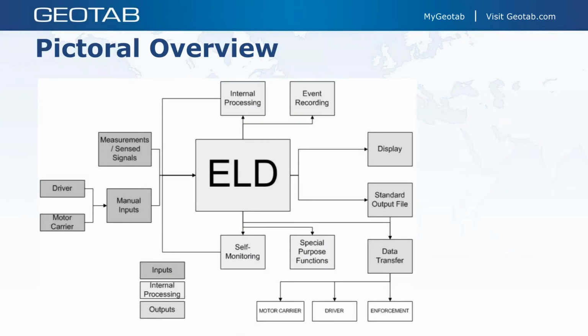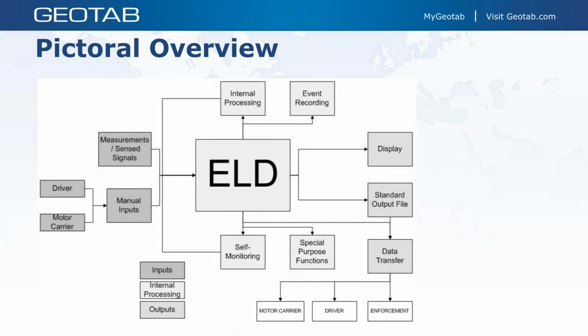Here's a little pictorial overview of what an ELD is and what are the inputs and outputs. On the left side, you'll see the driver and motor carrier are manual inputs going into the ELD. There's also measurements and sensed signals, and I'll get into that in a little bit, that are required for the ELD to monitor its compliance. On the output side, there's self-monitoring, internal processing, event recording, display, standard output file, and data transfer.